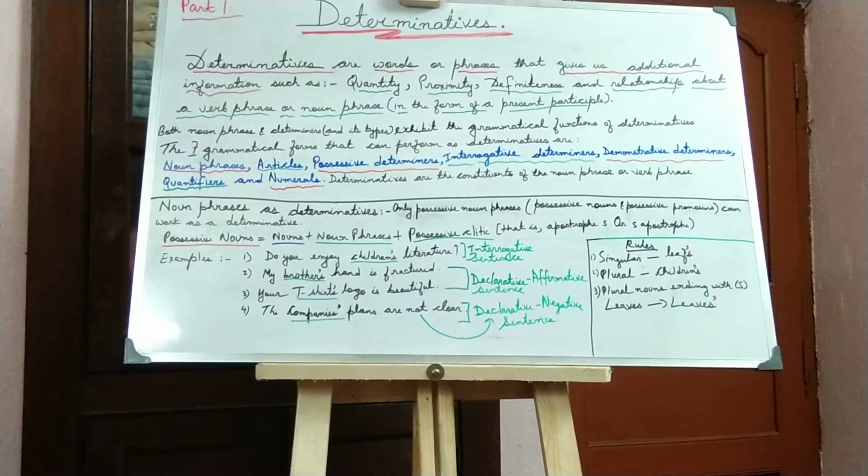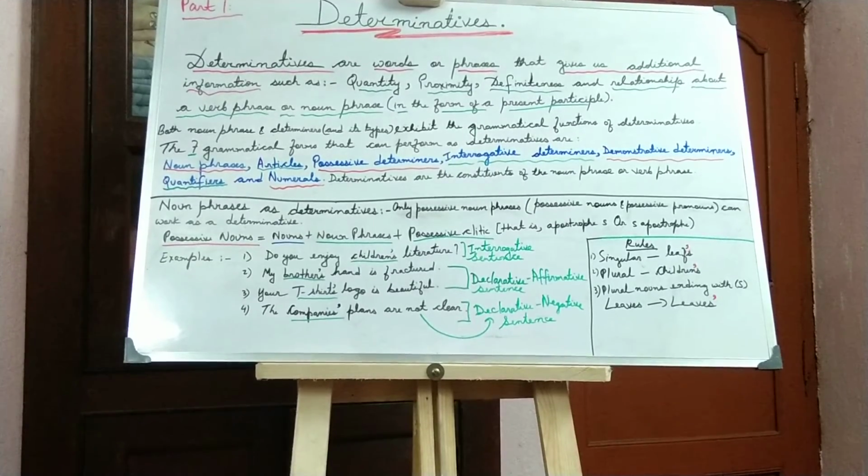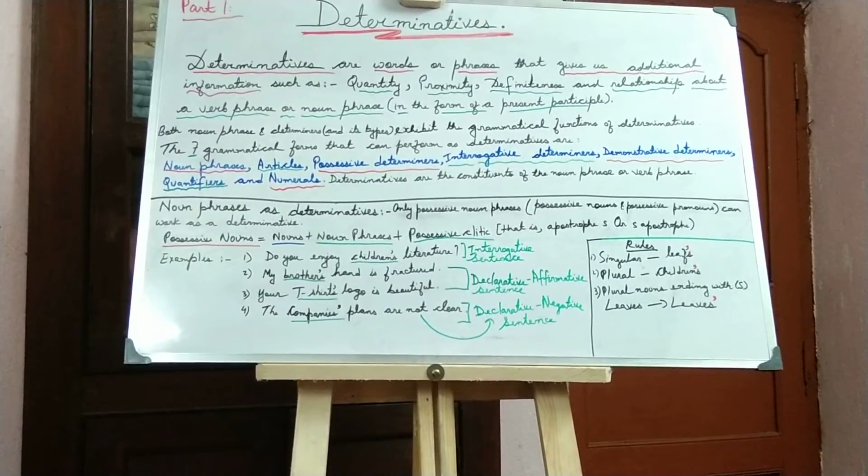Next we have, the company's plans are not clear. It is a declarative sentence where the possessive noun is company's, but along with being a declarative sentence, it is also a negative sentence because here we have used the word not.